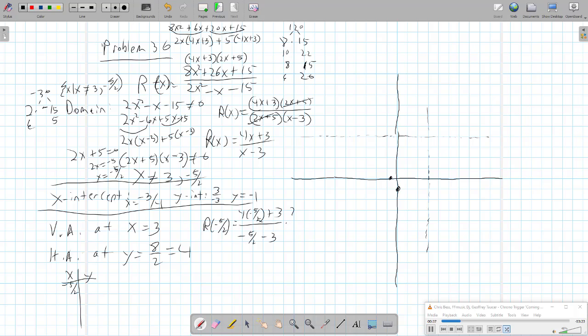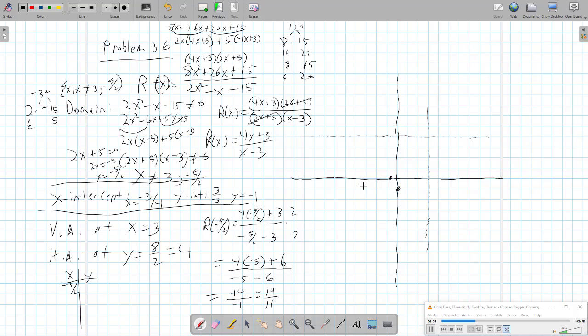So I'm going to multiply top and bottom by 2. That'll be 4 times -5 plus 6 over -5 minus 6. So that's -20 plus 6 is -14 over -11. So that's 14/11ths.